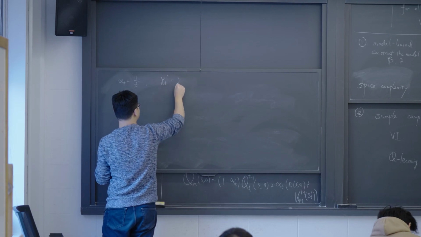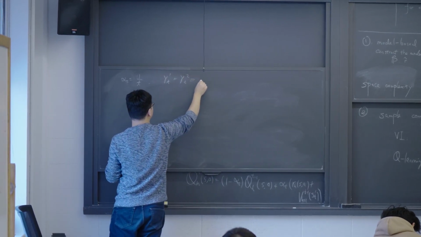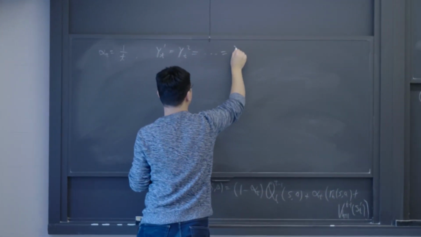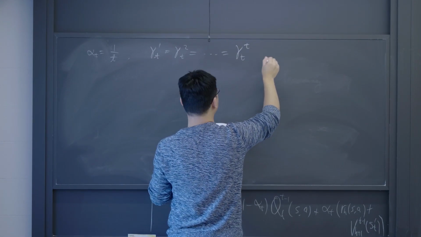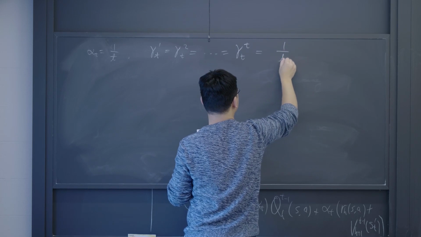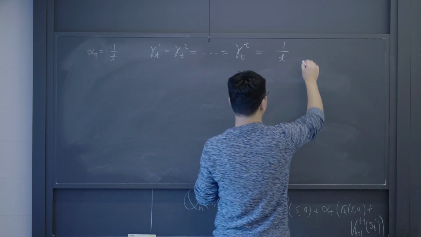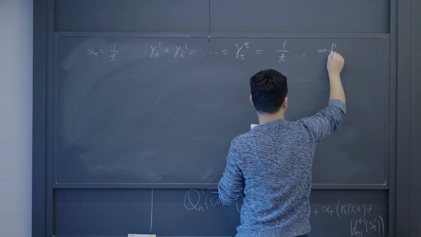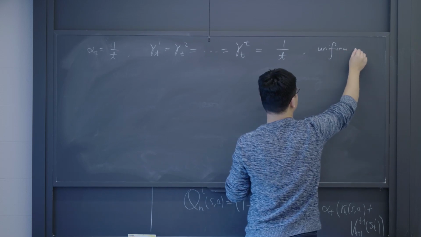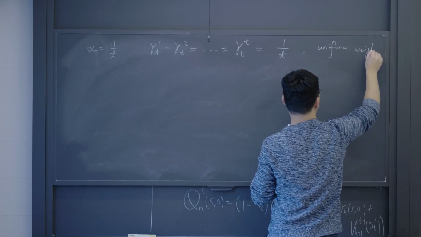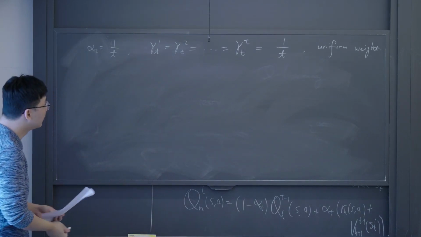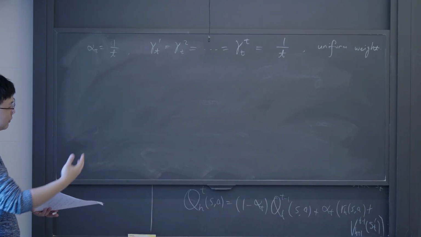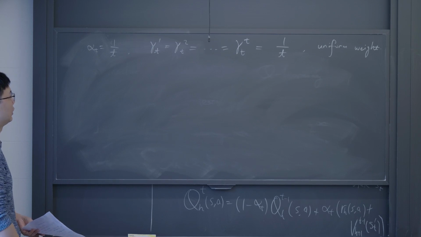Gamma t1 is equal to gamma t2, is always equal to gamma tt, and this is equal to 1 over t. So this corresponds to the uniform weights. That is, if I choose learning rate equal to 1 over t, it happens to be the uniform weights.